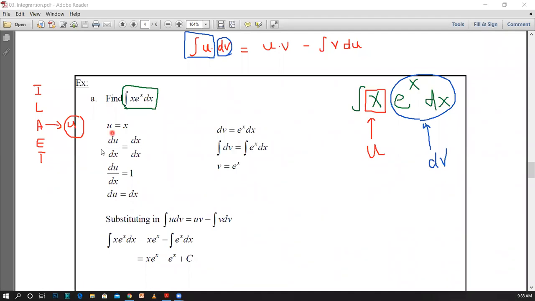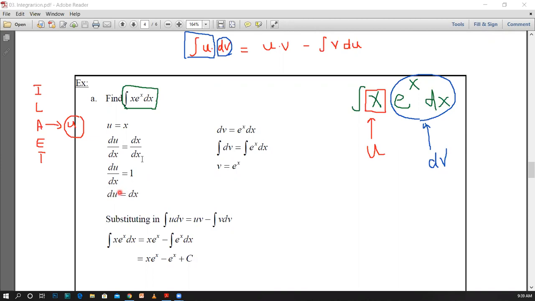Once you take the derivative of u with respect to x, you will get du over dx, which equals dx over dx. Therefore, you can obtain du over dx equals 1, and using it we can obtain a value for du.